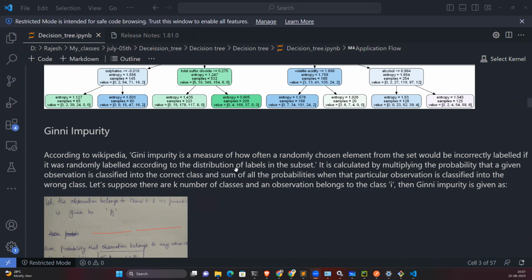So again, it's the same thing, but a different scientist developed this metric. Gini impurity is saying the same thing, how random your data set is. Entropy is also saying the same thing, the degree of randomness. Both are the same, but the way of calculation is quite different.